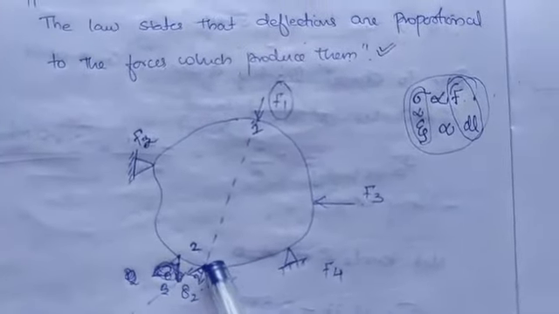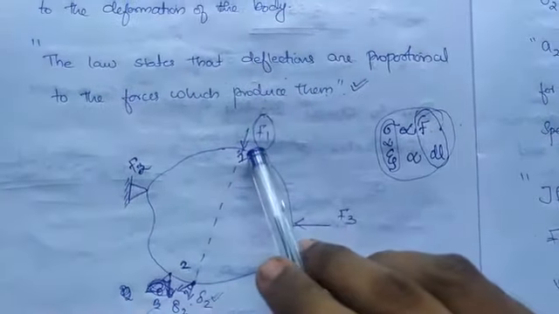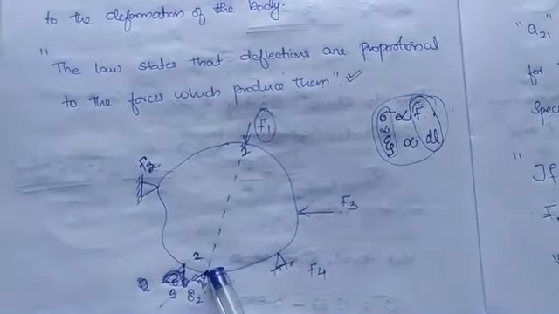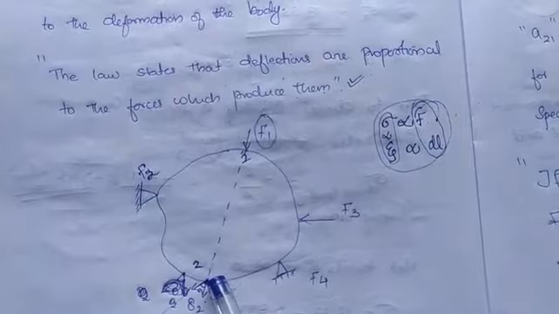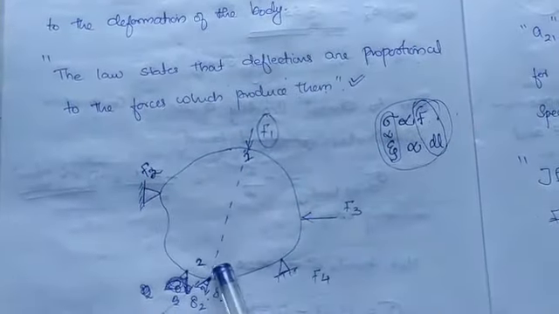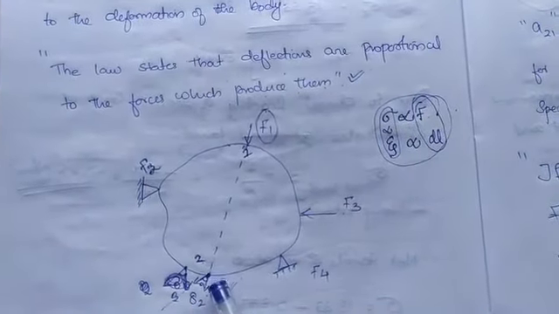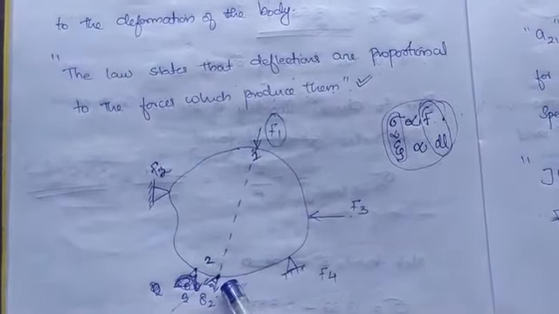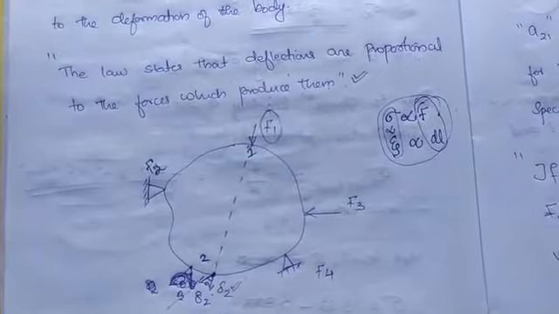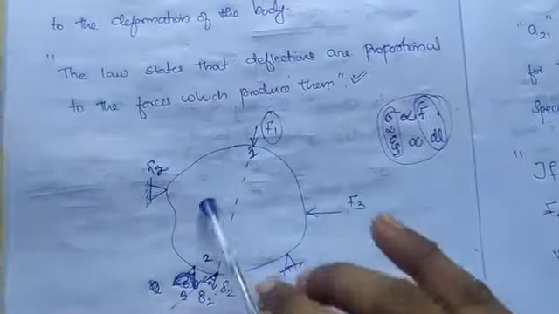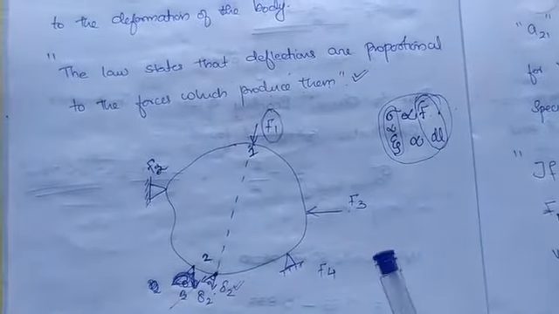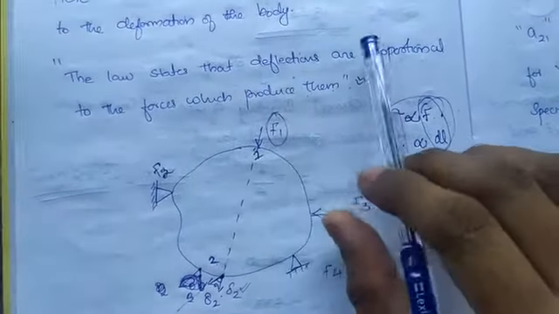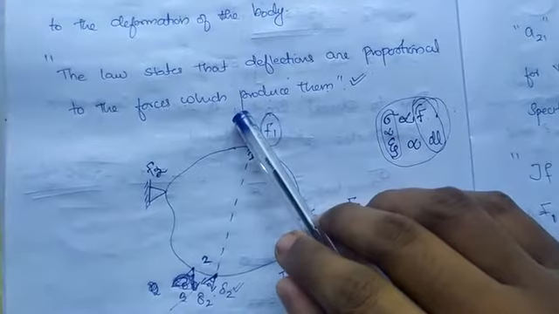But due to the force at point 1, there is a direct displacement in the line of action of force F1, that is delta 2. So from this observation we can write what Hooke's law states: deflections are proportional to forces which produce them.